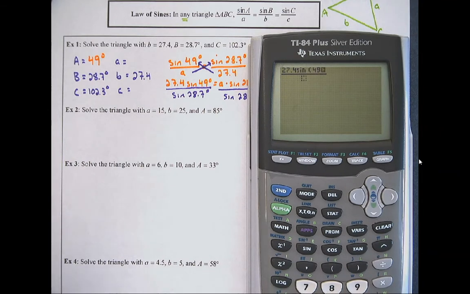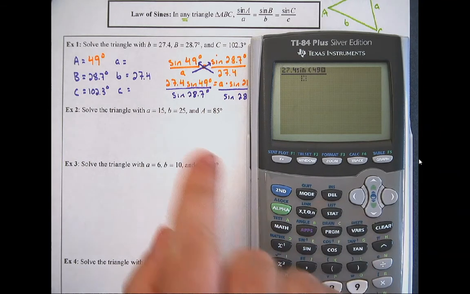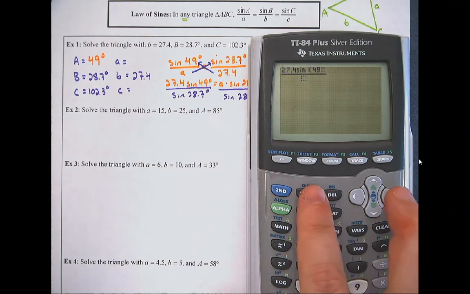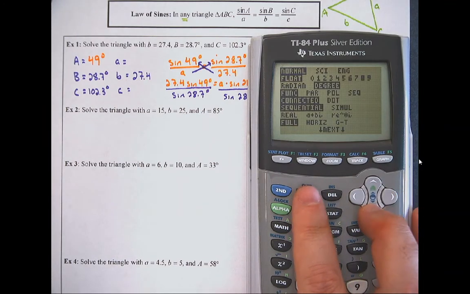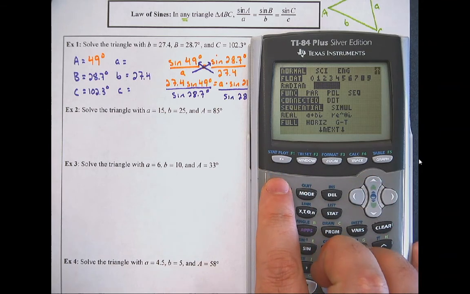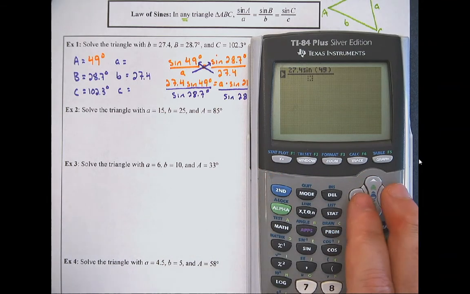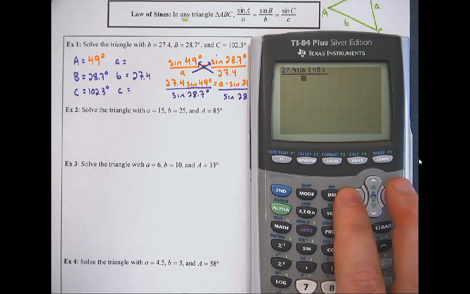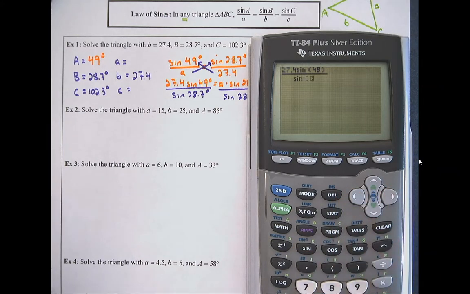Oop, before I hit enter, as soon as I saw that degree symbol, check your mode. Good, I'm in degree mode, so my calculator is thinking in degrees right now. So sine of 49 over sine of 28.7. Turns out to be 43.06.